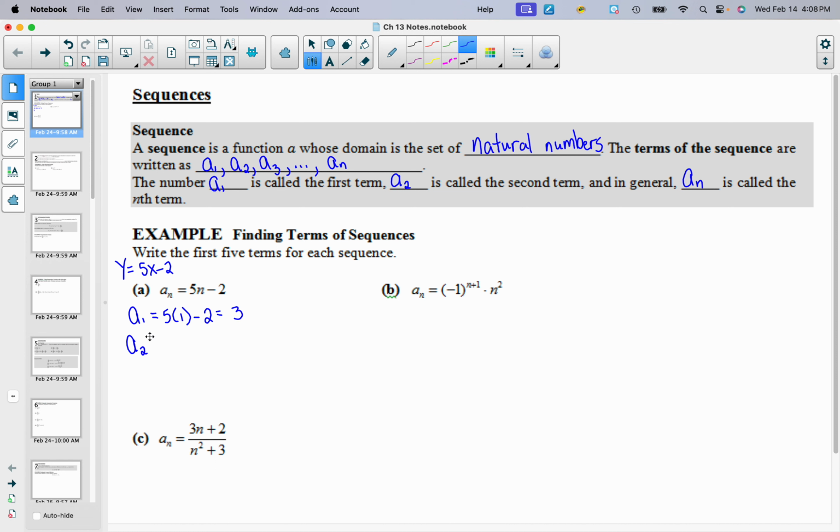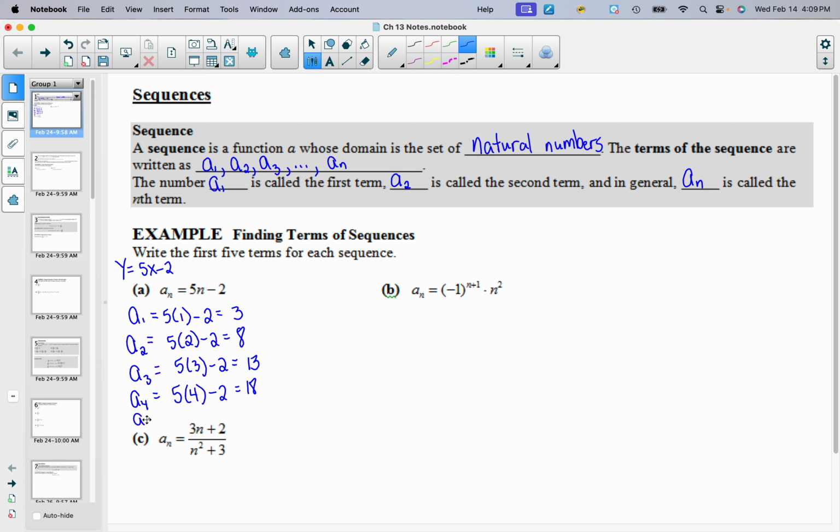A sub 2, I'm going to plug a 2 in. So I get 5 times 2 minus 2. So we get 8. And then I'm going to do the same for a sub 3, and we get 13. And a sub 4, and we get 18.